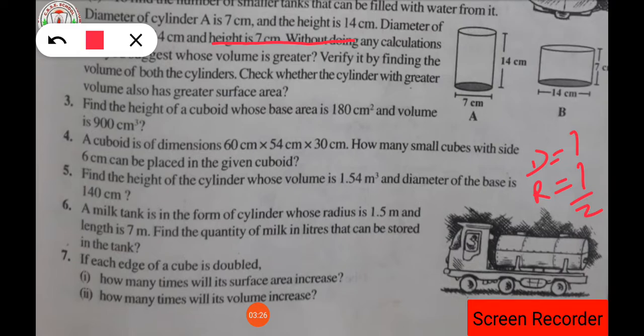Now for cylinder B, if the diameter is 14, then what will be the radius? The radius will be divided by 2, that is 7. That means cylinders A and B are opposite to each other.